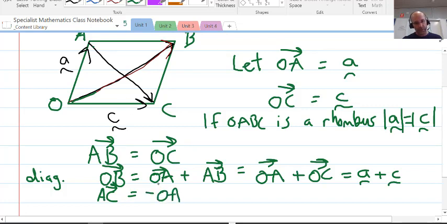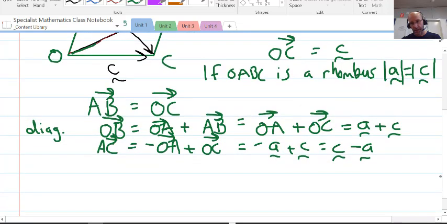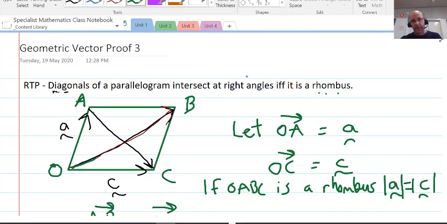So negative OA plus OC goes across, which is negative a plus c, or c minus a. Either way, that's written in terms of lowercase a and c, which is the trick. This is the goal of what we're trying to do. It's the strategy.